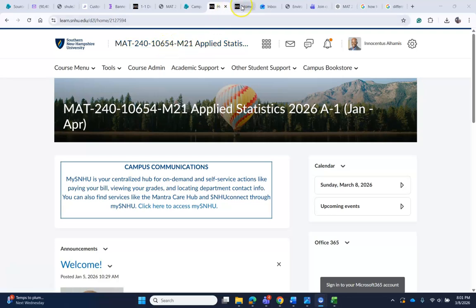I'm teaching MAT 240, and you may be in either the first section, 10654, or my second section, 10659. I'm teaching these two sections on Tuesdays, the first early in the morning and then the second.